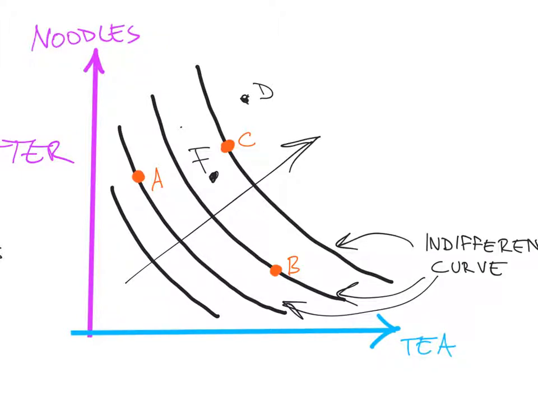If I were to draw one through D, it would have to stay on the right of the one through C, so it would be somewhere here. If I drew the indifference curve through F, it would be somewhere below the indifference curve through C. Therefore, the indifference curve through D is higher than the one through F. We know that because indifference curves can never cross. Do you understand why? Do you understand what it would mean if two indifference curves were to cross?